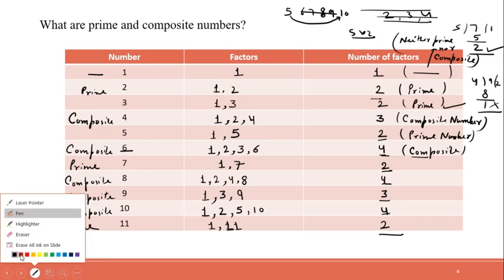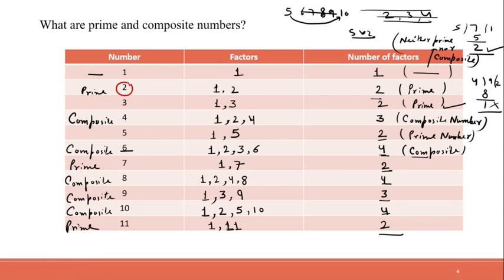So I can say that this 2 is a prime number. Then 3 is also a prime number because it is having only 2 factors. Then 5. 5 is having two factors, so 5 is also a prime number. Then come to 7. 7 is also a prime number.